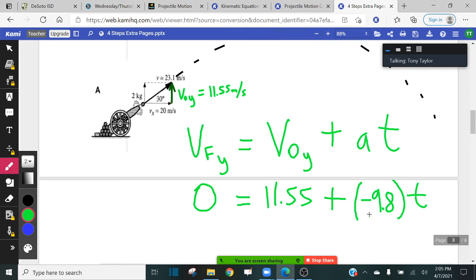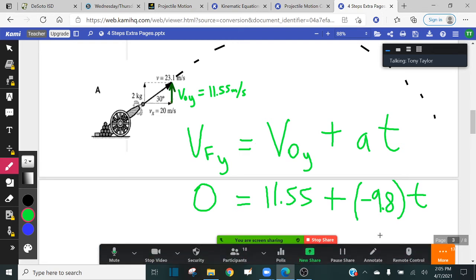So it is important in this problem that you put a negative 9.8, because as the object goes upward, it's slowing down. Which makes sense, because it's going against gravity, so it slows down. That's why we put the negative. Everybody understand why we put a negative there? I just want that to be clear.